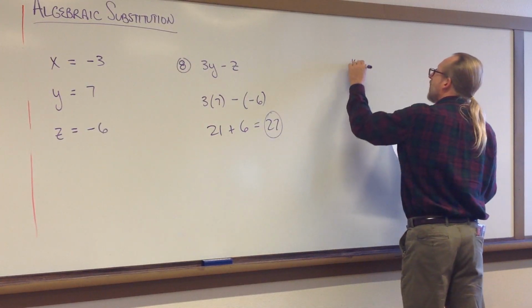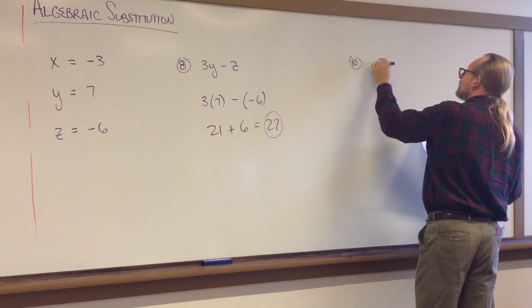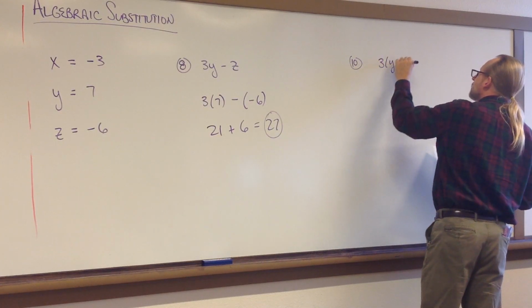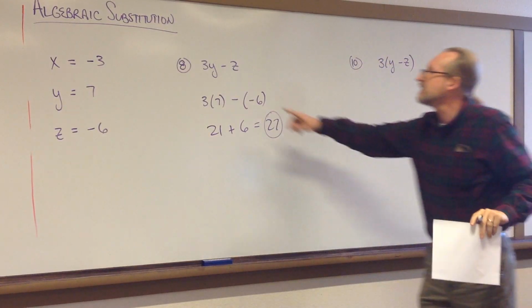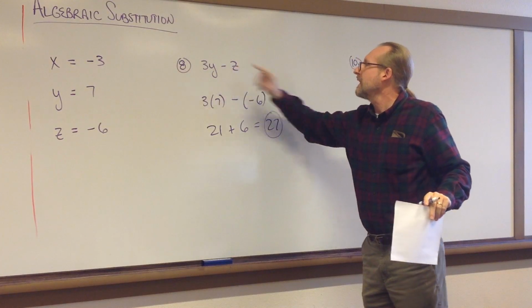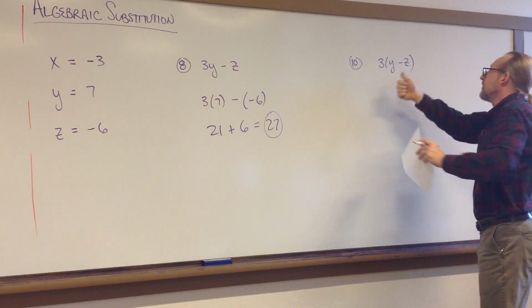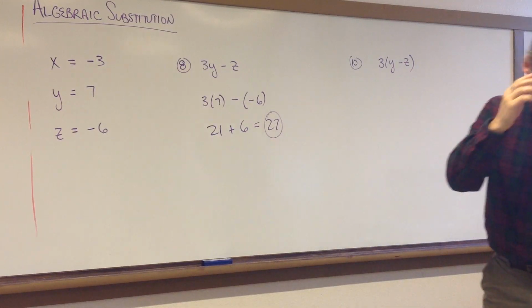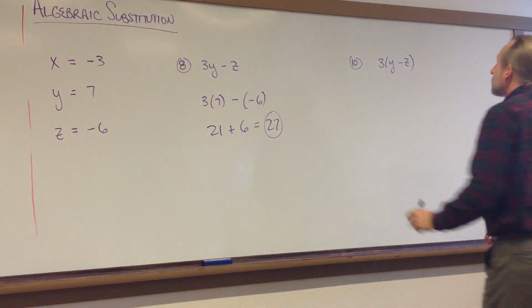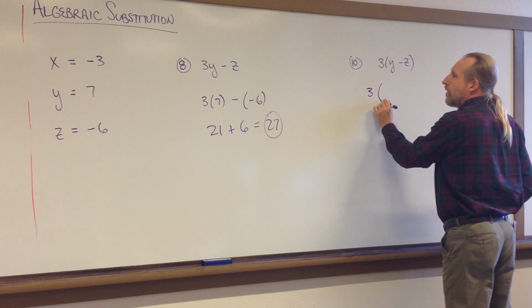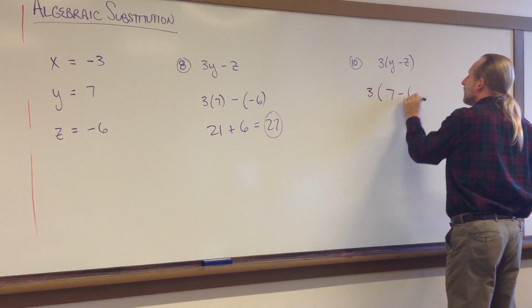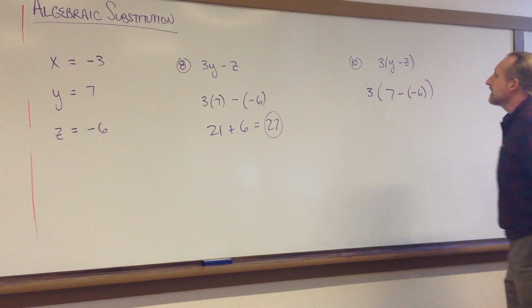Problem 10 looks kind of similar, but is different. You can see this is 3 times y minus z. This is 3 times parentheses y minus z. The y is 7, the z is negative 6.